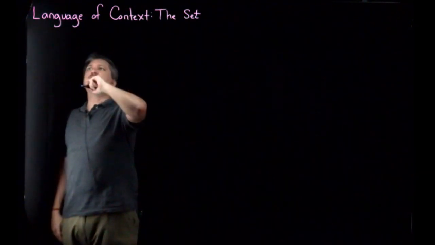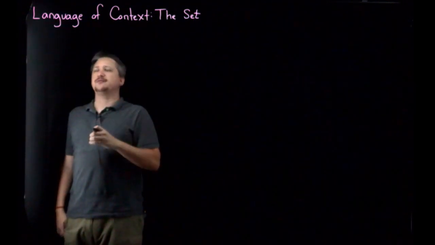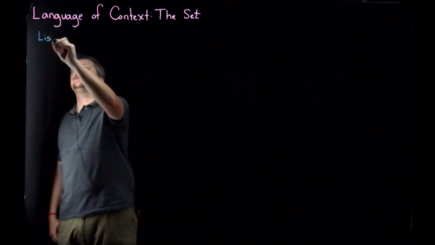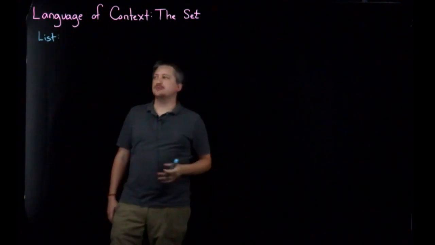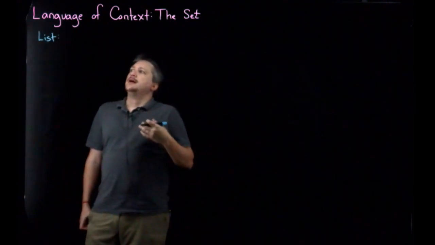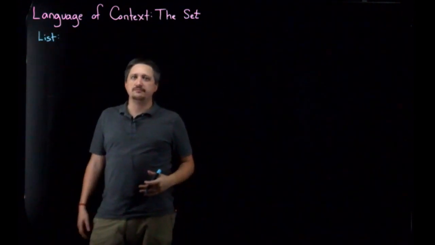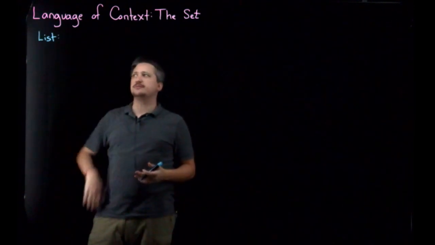The first way I'm going to mention, although they're both going to have common aspects, is the list method. This is very much what you would expect, but keep in mind a set can be infinite, like the set of all whole numbers, but it can be finite too, and finite is usually where you use the list method.